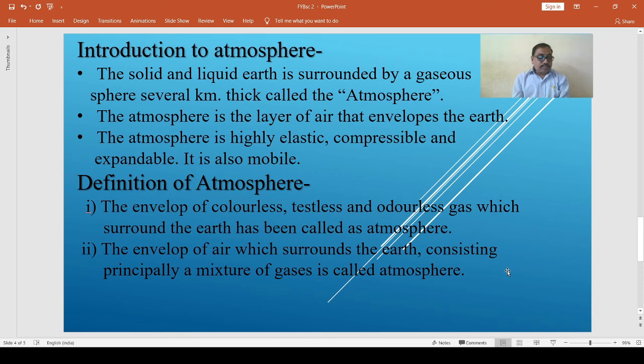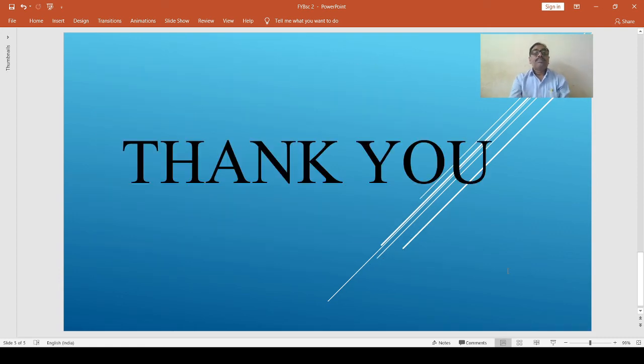Then the difference between weather and climate. The meaning and definition of weather and climate is like this.